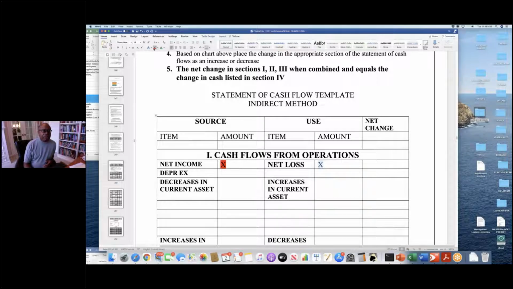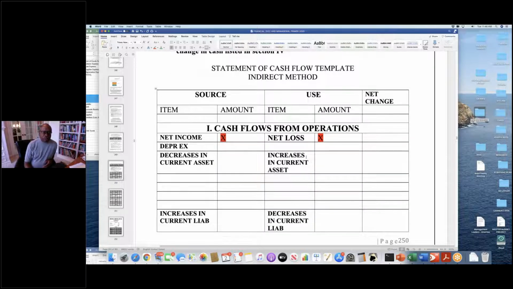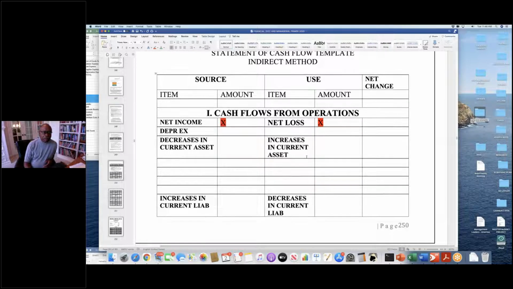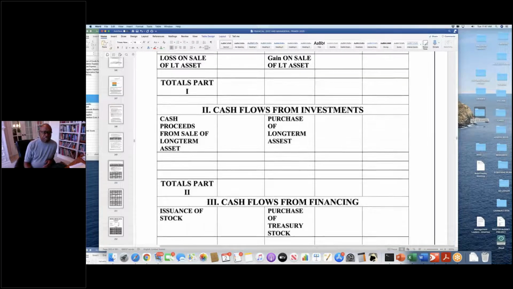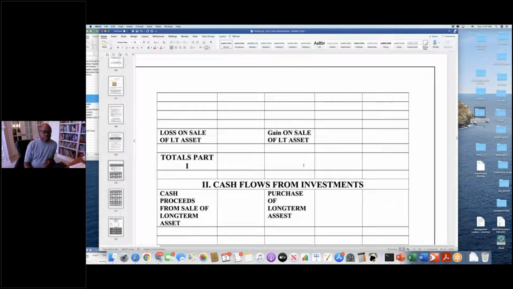And now you got two things done on your cash flow statement. And I got this template here showing operations, investments, cash flow from financing, change in cash flow.